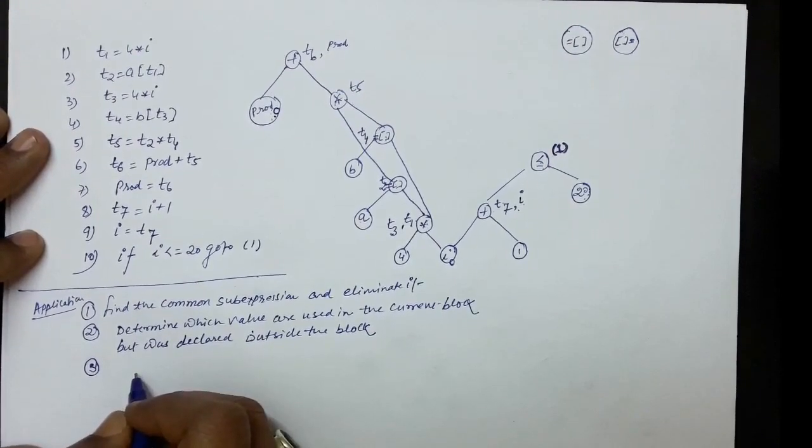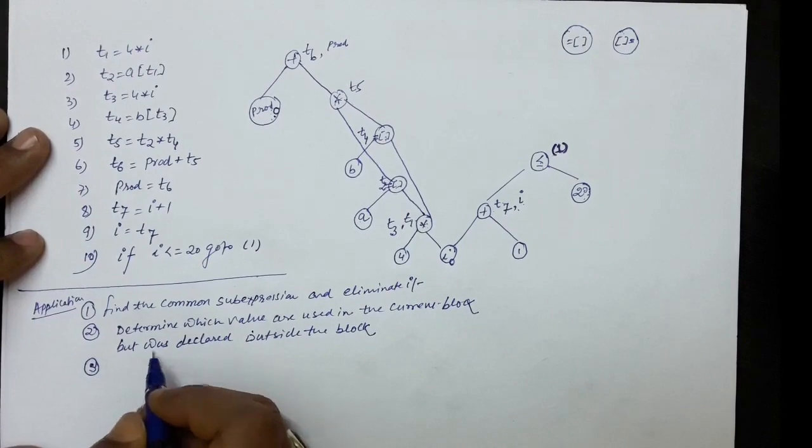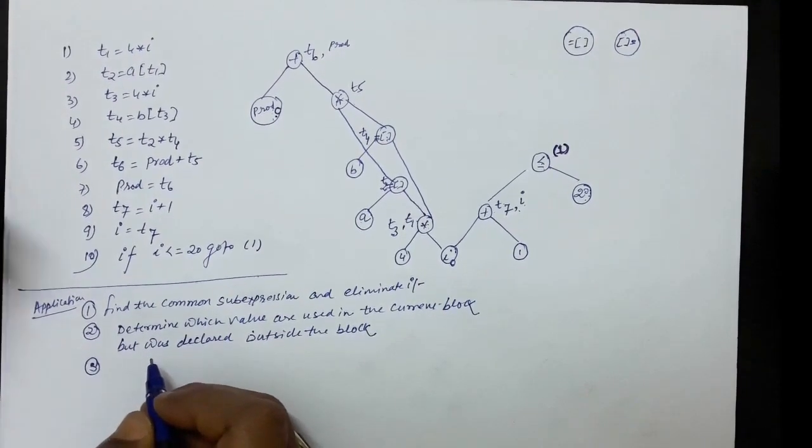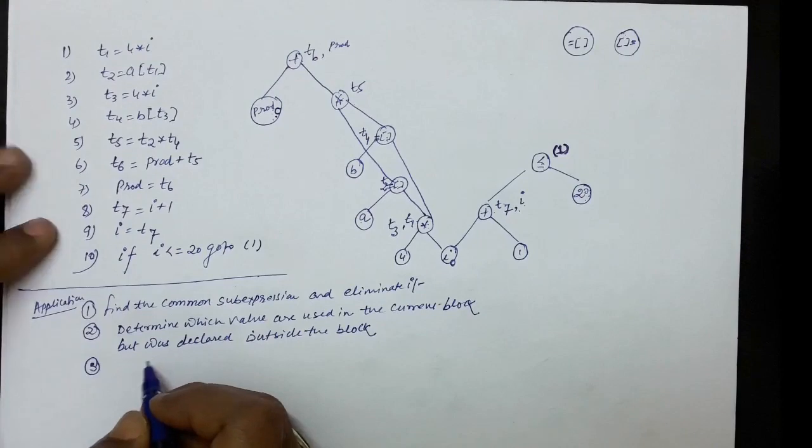Similarly, another application would be that we have actually computed the value of something here, but the value of this is being used somewhere else.